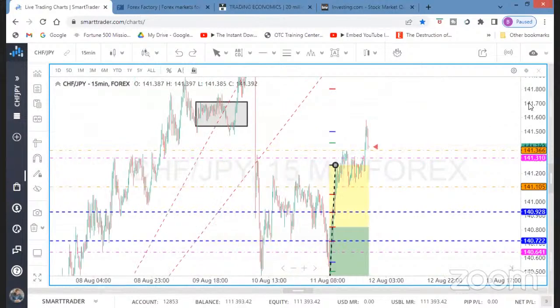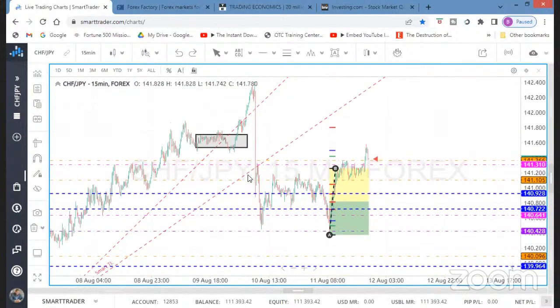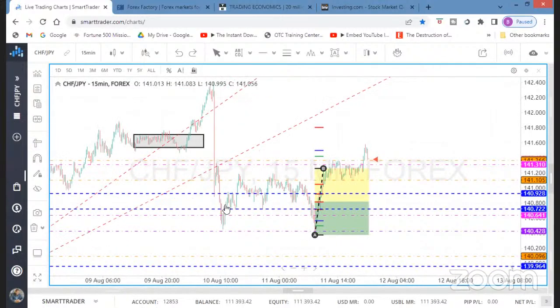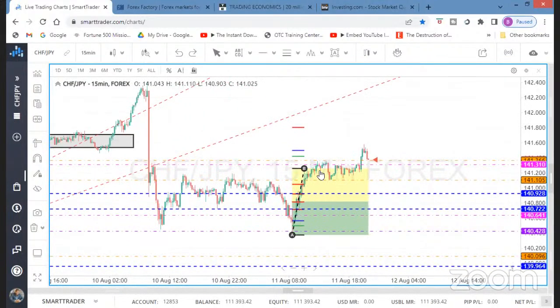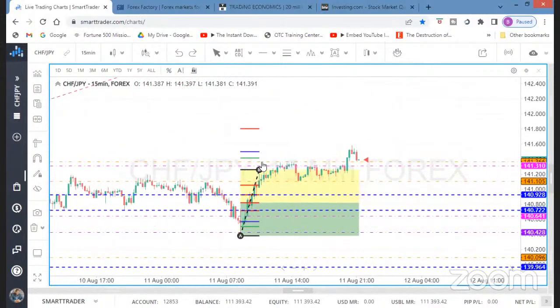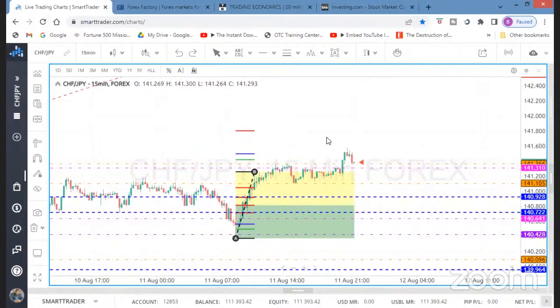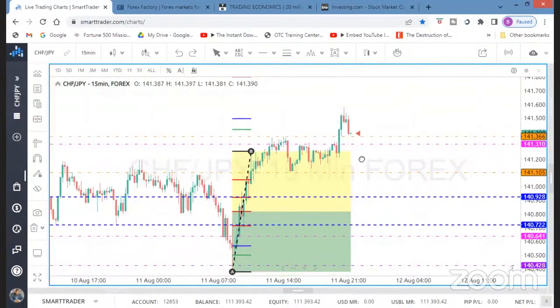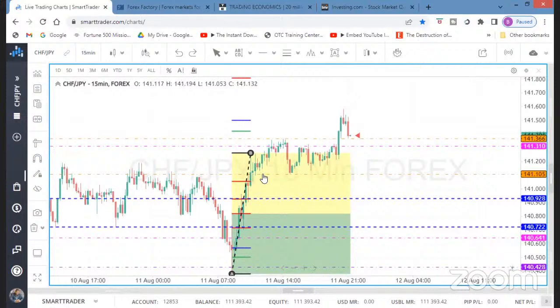So we zoom out, we remember this move, right, that occurred. Okay, pulled back, came down into the zones. But now, catching this impulse leg on this move up, we're right in that 80-20 zone again on this Swiss yen. So another nice impulse leg, and we've got an 80-20 scenario. We've already started to turn over.